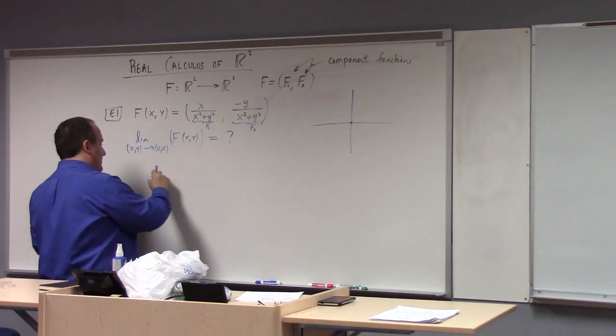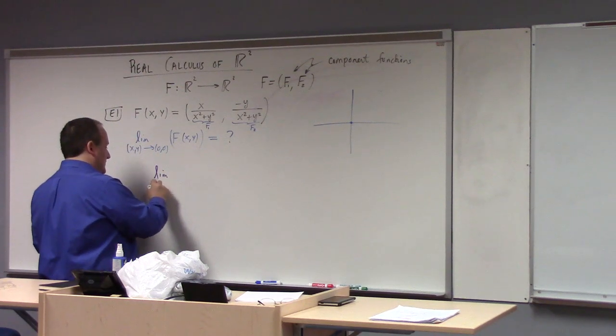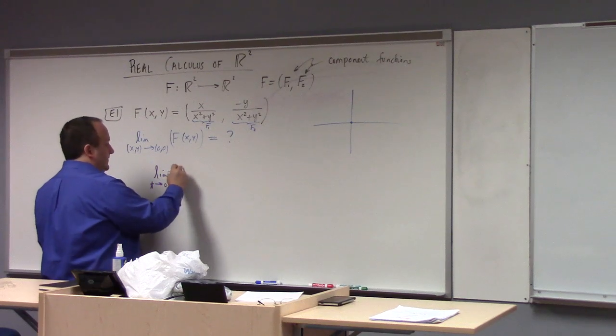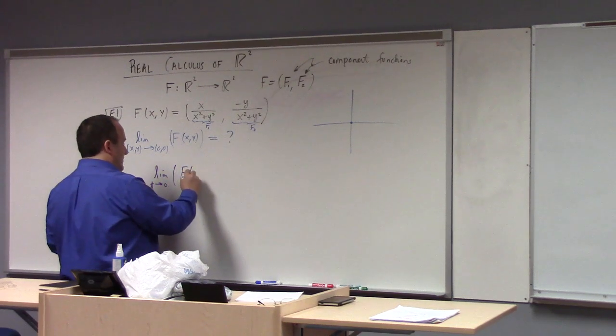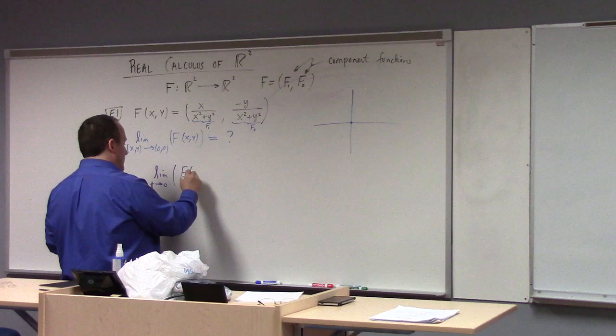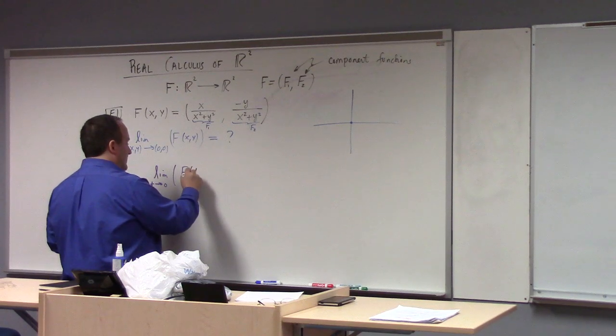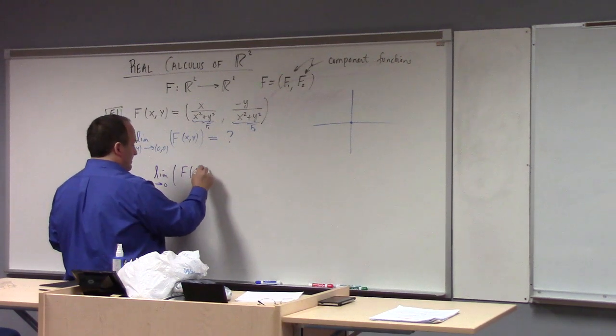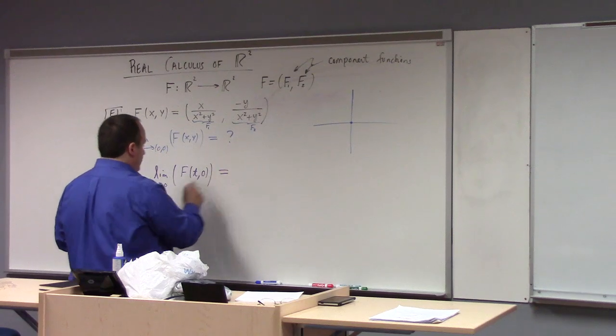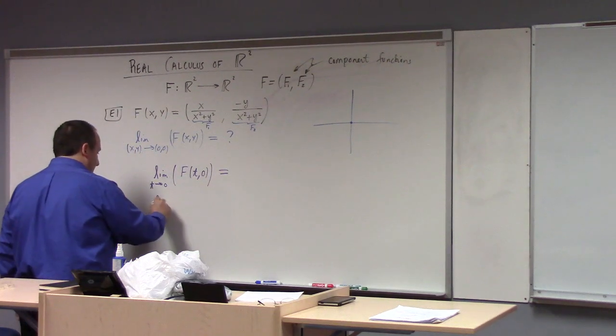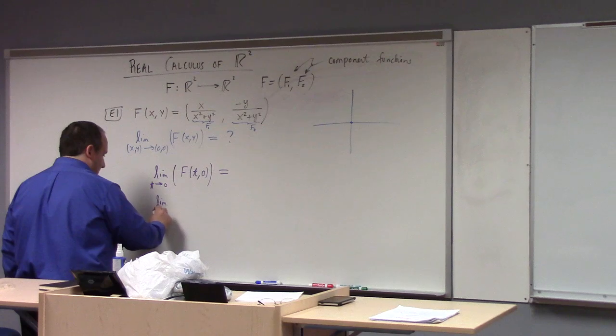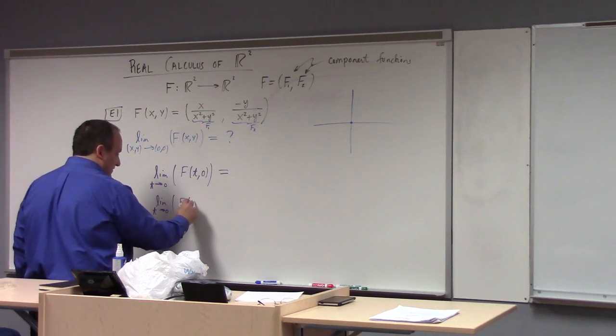If I look at the limit as t goes to 0 of f of (t, 0), what would that be equal to? And what would the limit as t goes to 0 of f of (0, t) be equal to?